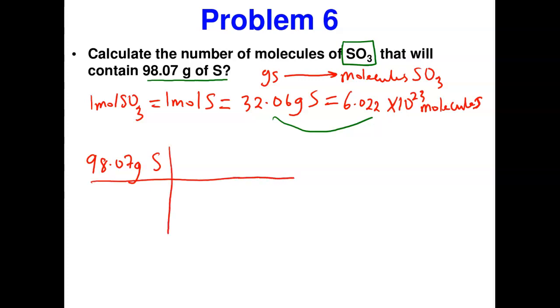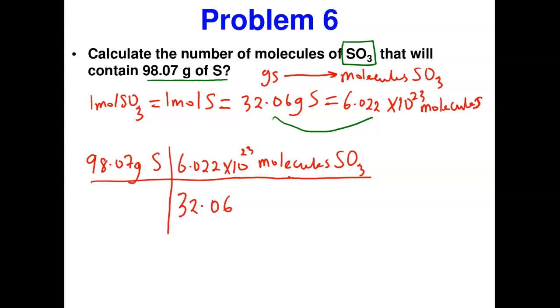We have this unit. And since we're looking for molecules of sulfur trioxide, we're going to put these molecules on top. So this guy is going to go on top, 6.022 times 10 to the 23 molecules of SO3, and then this mass is going to go down.